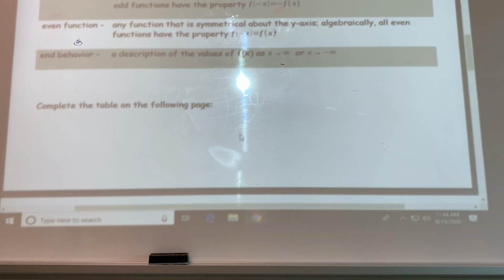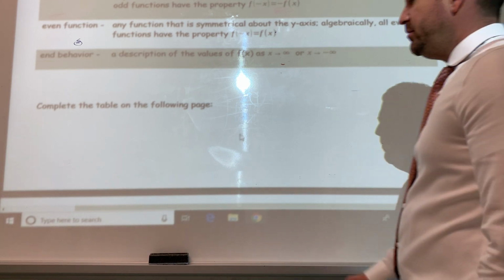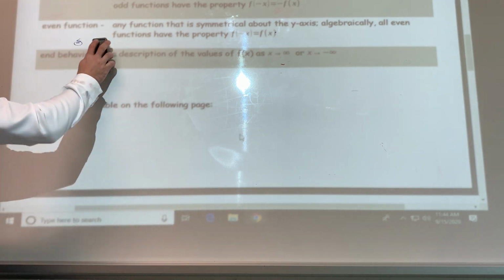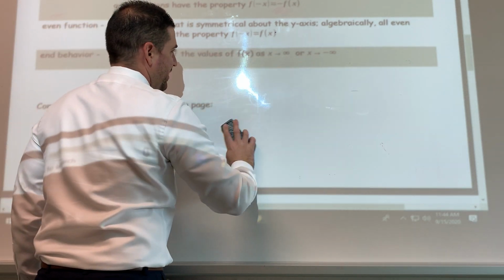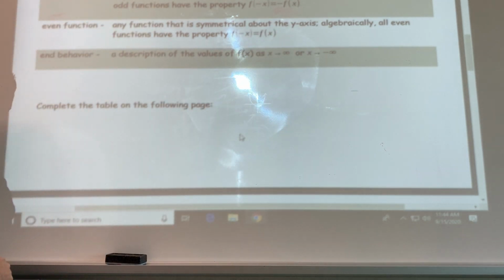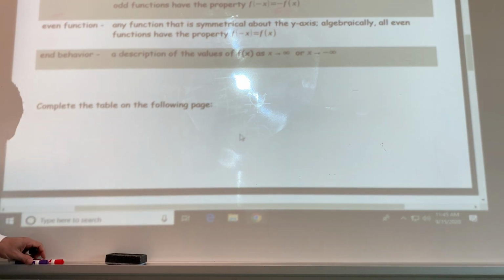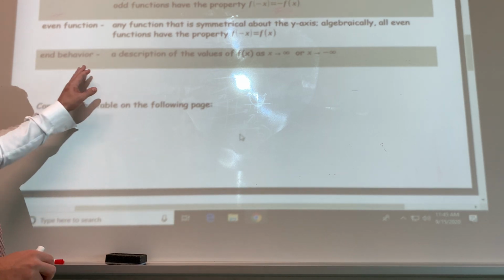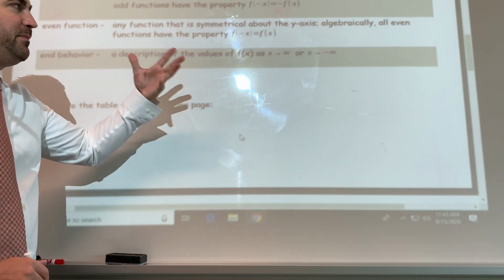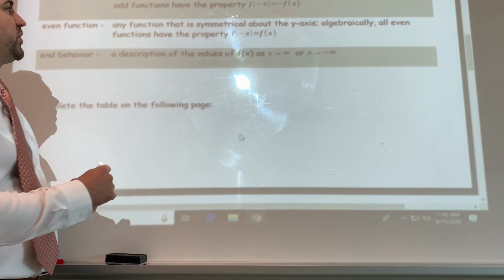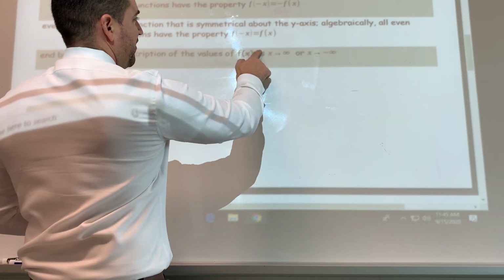Okay, one last part is end behavior, and this is new to you guys, and it can get a little bit confusing. But I'll show you with examples when we get to them. So the end behavior describes the values of f at x.